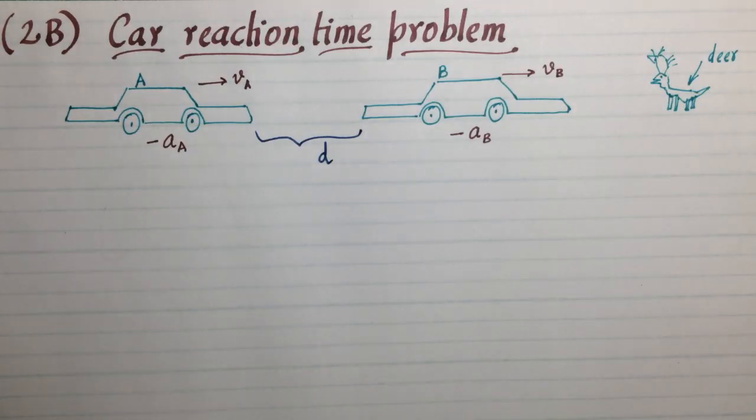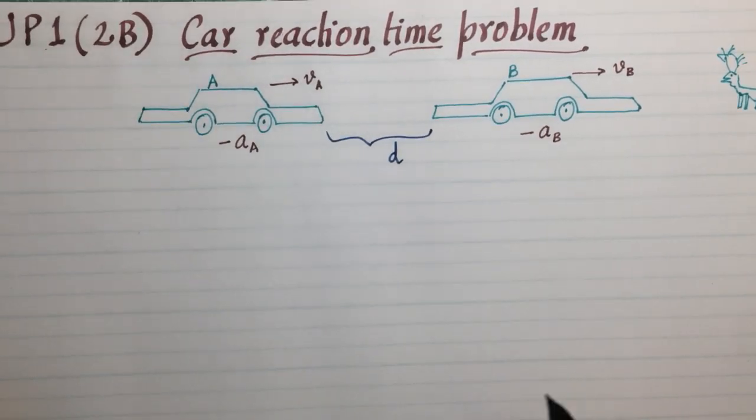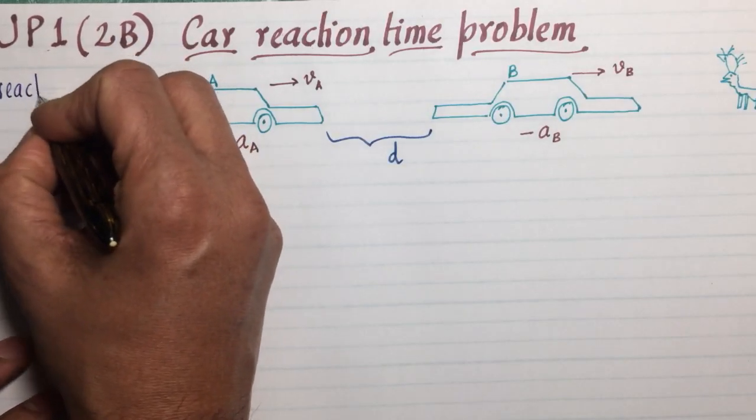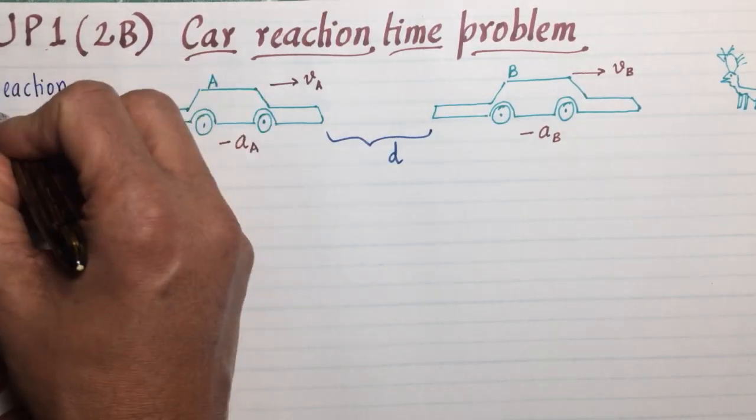Now this problem is actually a reaction time problem because it takes a certain time for car A to even react to what B is doing. So let's call the reaction time delta t.